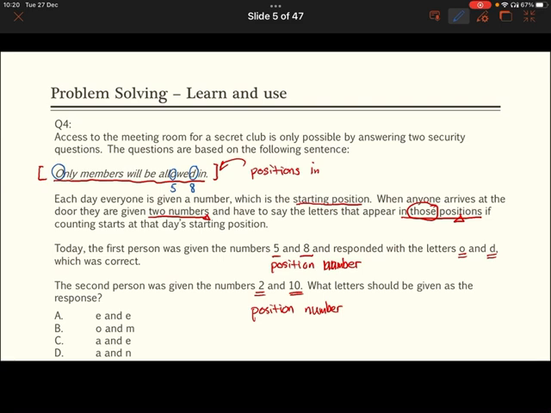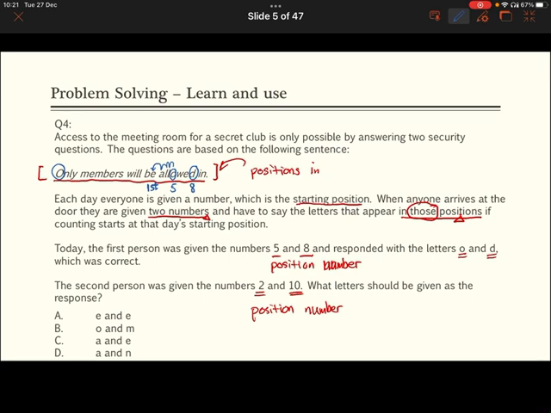So naturally we can find out, if we count back from O by 5, then L is 4, another L is 3, A is 2, and E is going to be the starting position, which is the first letter. We're starting from E, we count to O is 5, and we count to D is 8. That is why 5, 8 corresponds to the letters O and D.